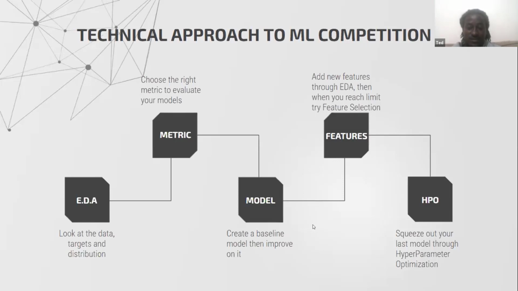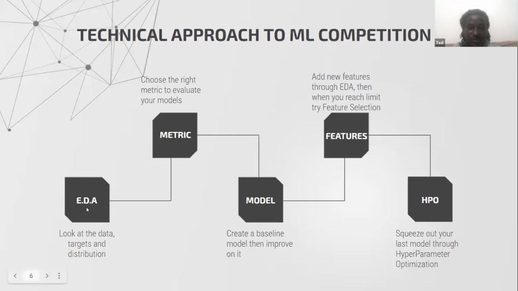What happens is that you might get to the limit of that model, thinking it's better, and then when you try out a different model after you've already tweaked your parameters, the other models might not perform as well as they might have if you had first done the feature selection and feature engineering before going to HPO. So it's better to first try out different models, and then finally do the hyperparameter optimization after you've done all this.